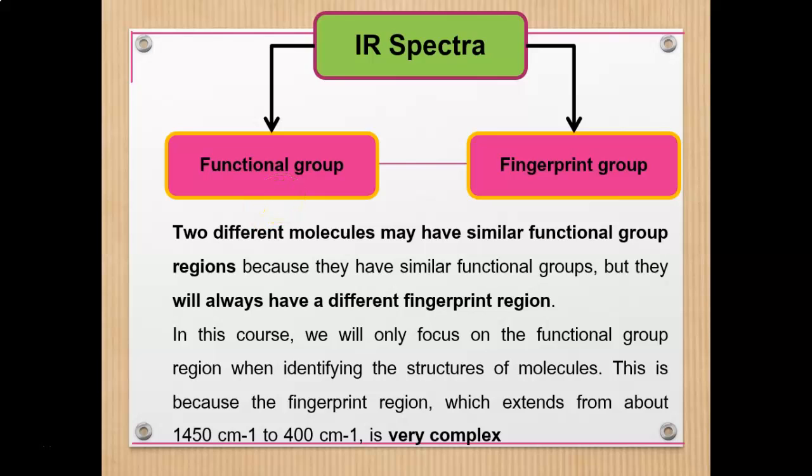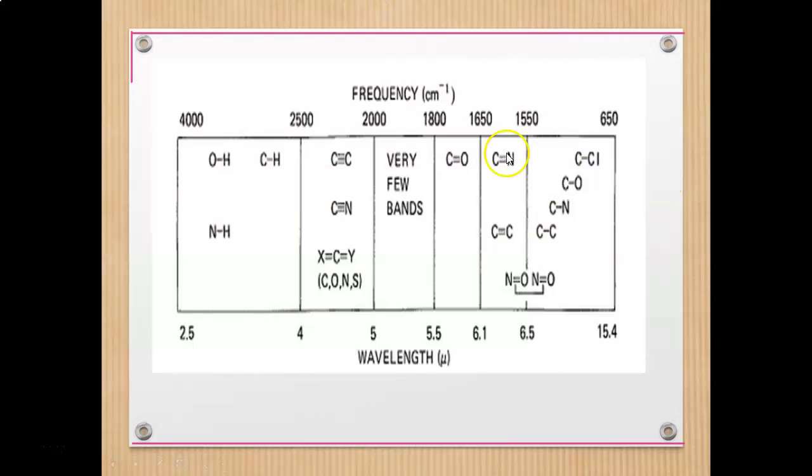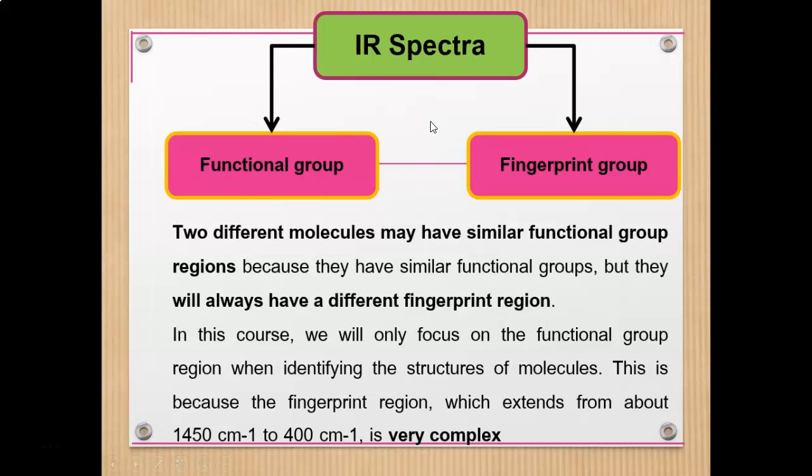Same goes to ketone, we have C double bond O. So C double bond O will lie in the region between 1650 and 1800. So two different molecules can have a similar functional group, but they will always have a different fingerprint region.